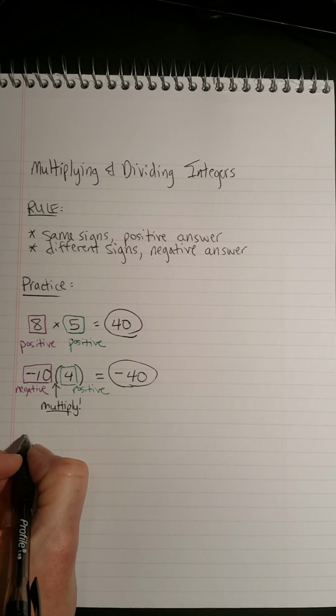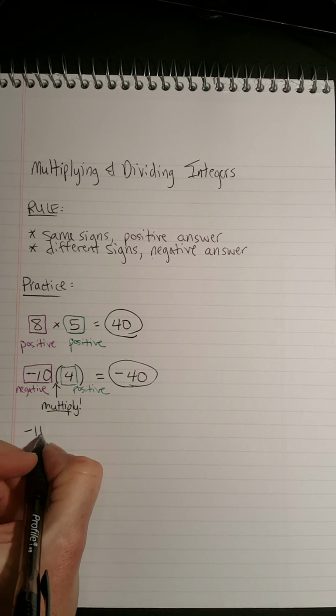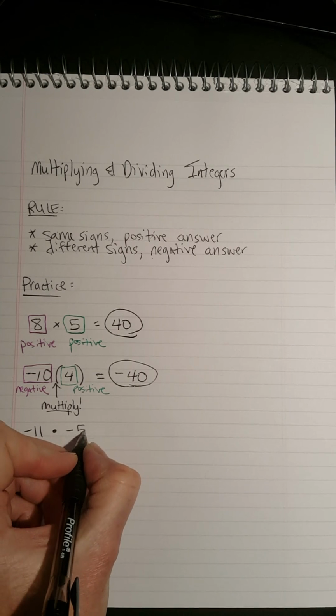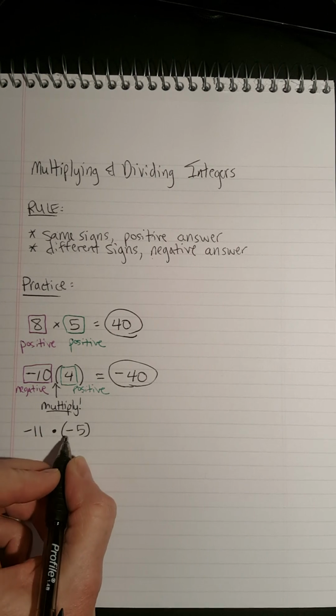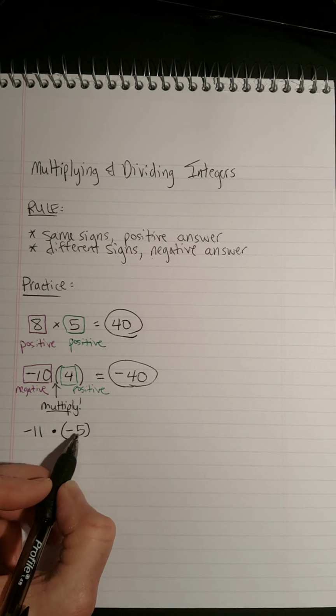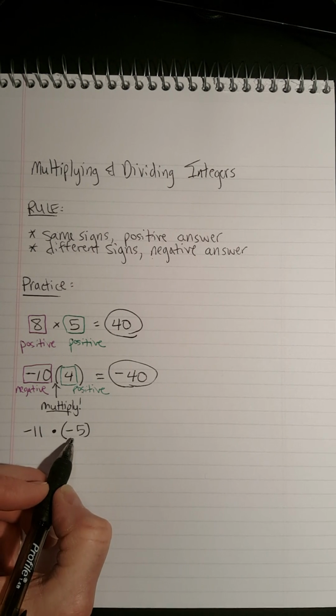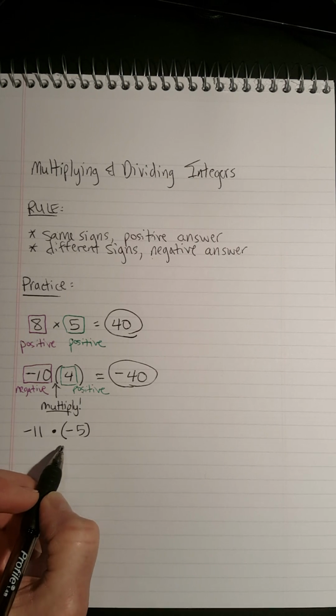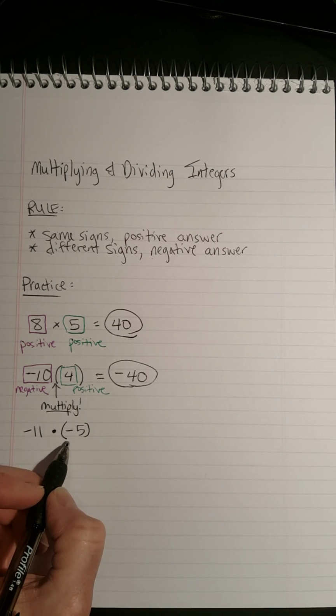Let's do -11 times -5. I'm going to put this -5 in a parenthesis, a grouping symbol. This parenthesis is just to show that the negative sign goes with the 5. It really serves no purpose other than that.